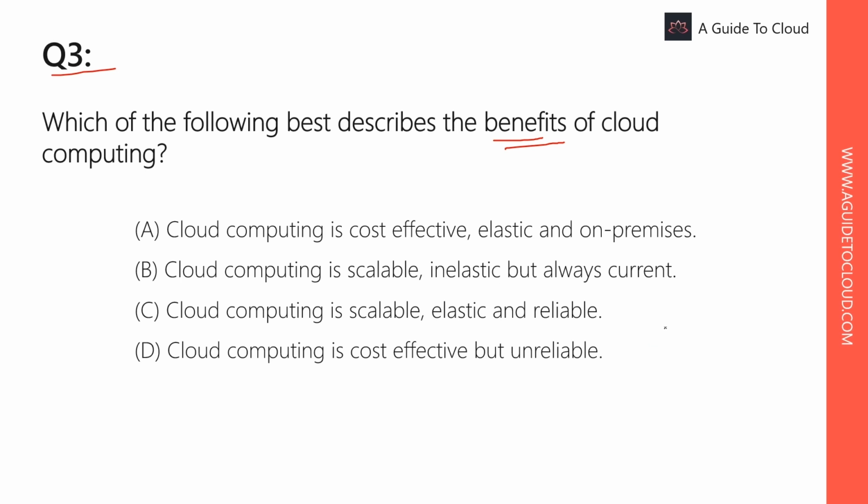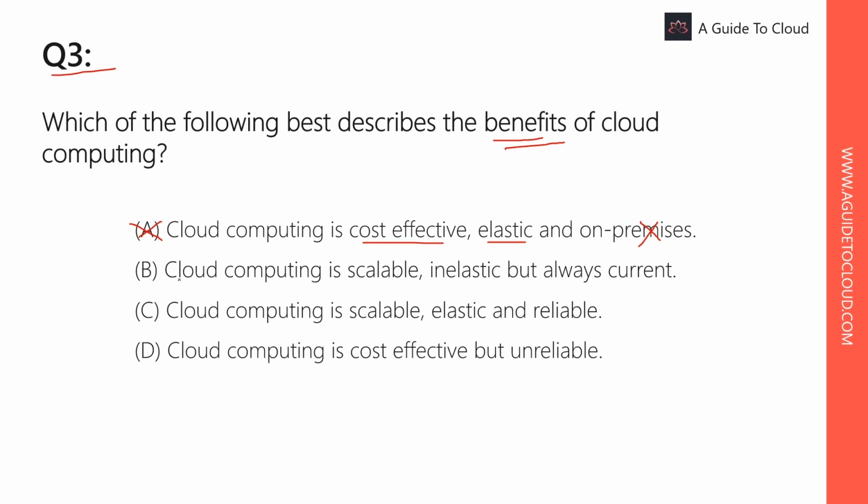Right. So the first statement is cloud computing is cost effective, elastic, and on-prem. So cost effective is right, elastic is right, but the last statement is wrong. So I'm eliminating this answer. This is not right.